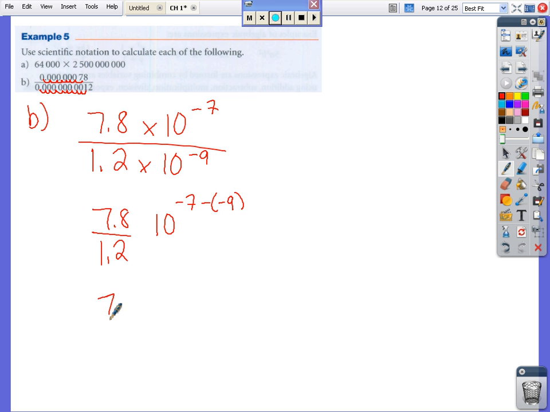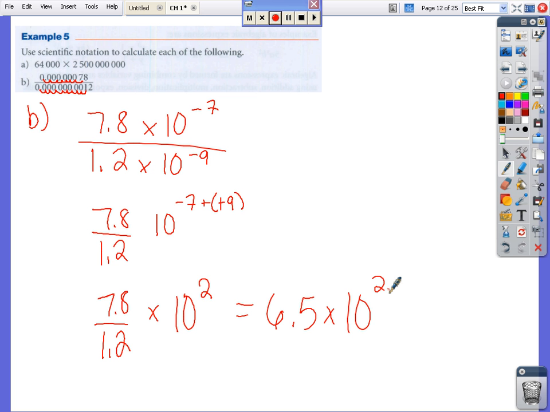So we have 7.8 divided by 1.2 times 10 to the second power. So we end up with 6.5 times 10 to the second power. So there's your scientific notation. Just remember that this value up here can only be between 1 and less than 10. This must be an integer when you're all done.